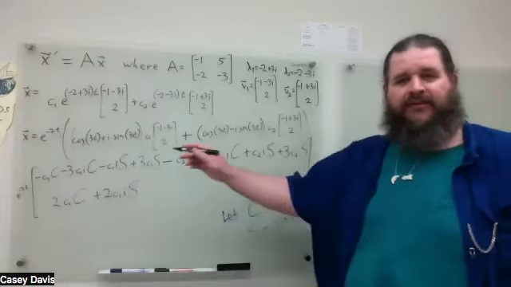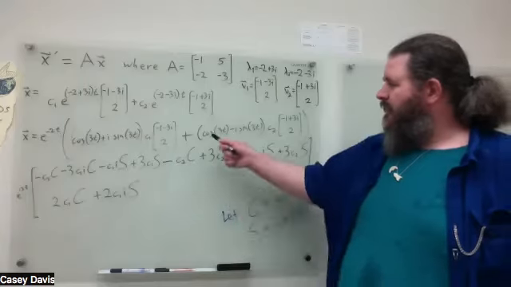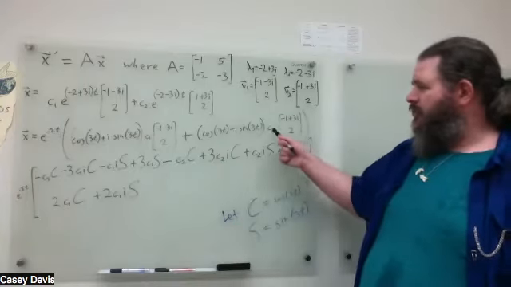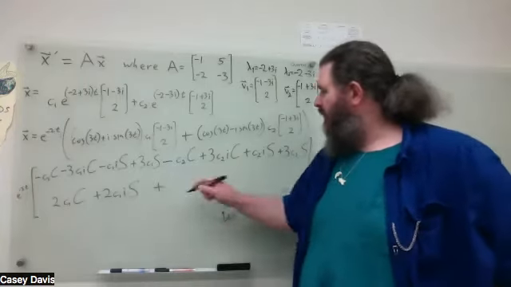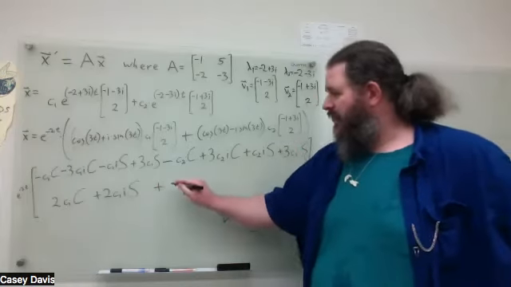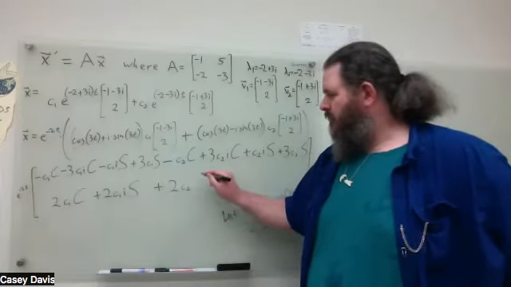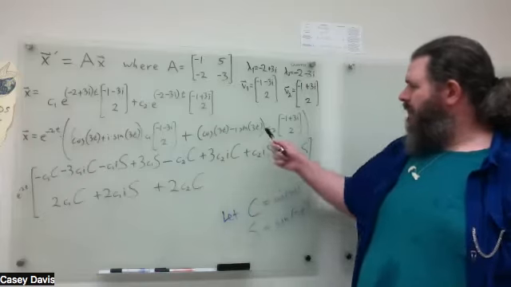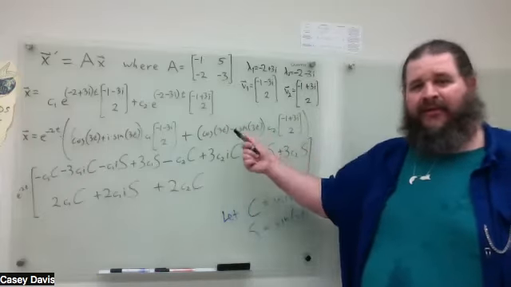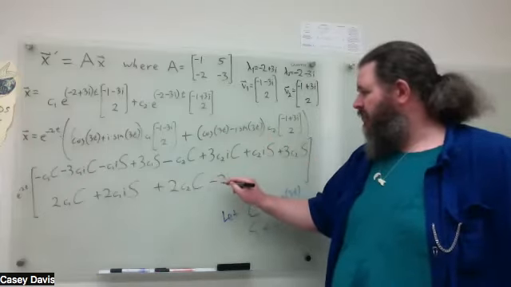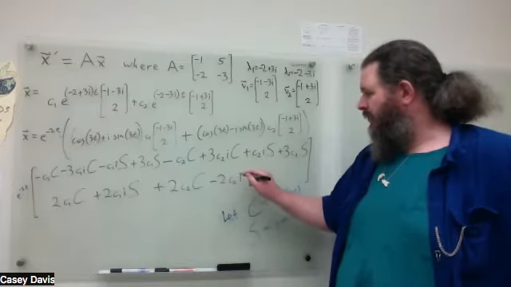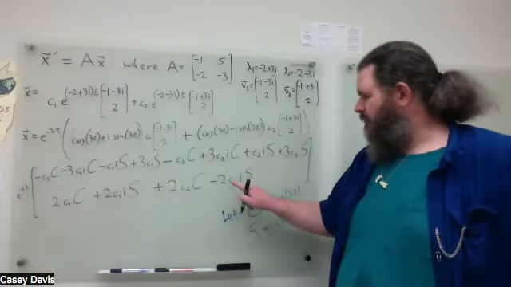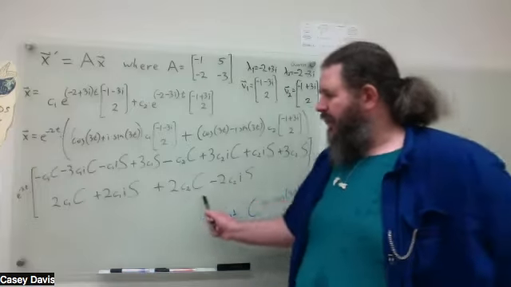Good thing I moved everything to the left. And then, of course, these also get multiplied by 2C2 as well. So plus 2C2 cosine and 2C2 times -i sine. So minus 2C2i sine. So that is the entire lower component.